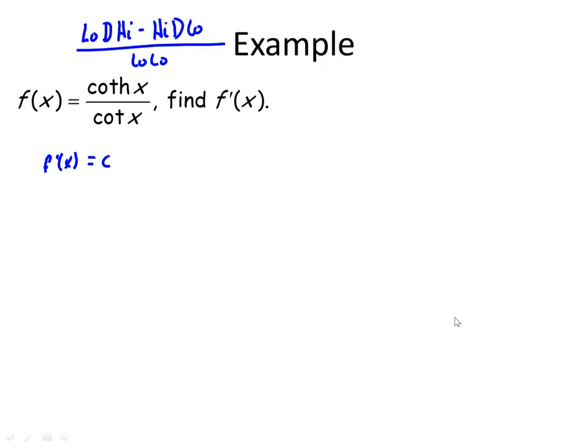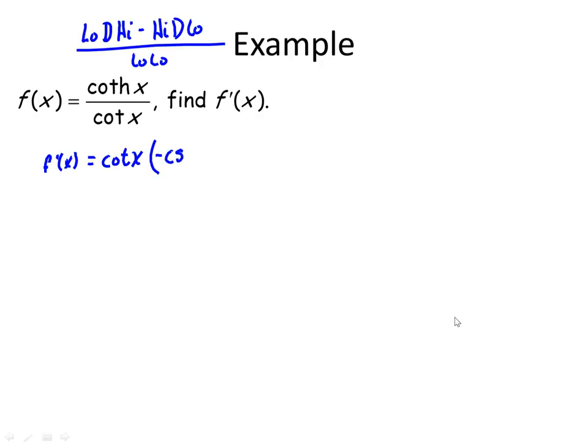So you're going to have low, which is cotangent x, times the derivative of high. What is the derivative of cotangent x? On your formulas page. Negative hyperbolic cosecant.